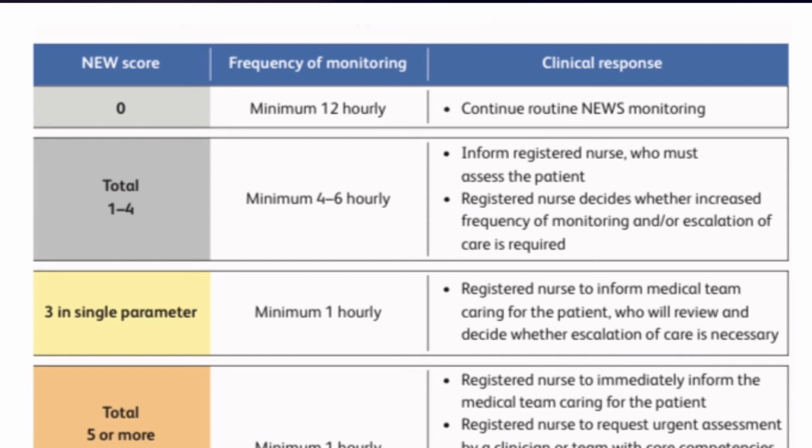If the patient's respiratory rate is above 25, then that is a NEWS score of 3 in a single parameter. So anything the patient is scoring 3 in one section, A, B, C, D, E, or in any parameter, you have to inform.